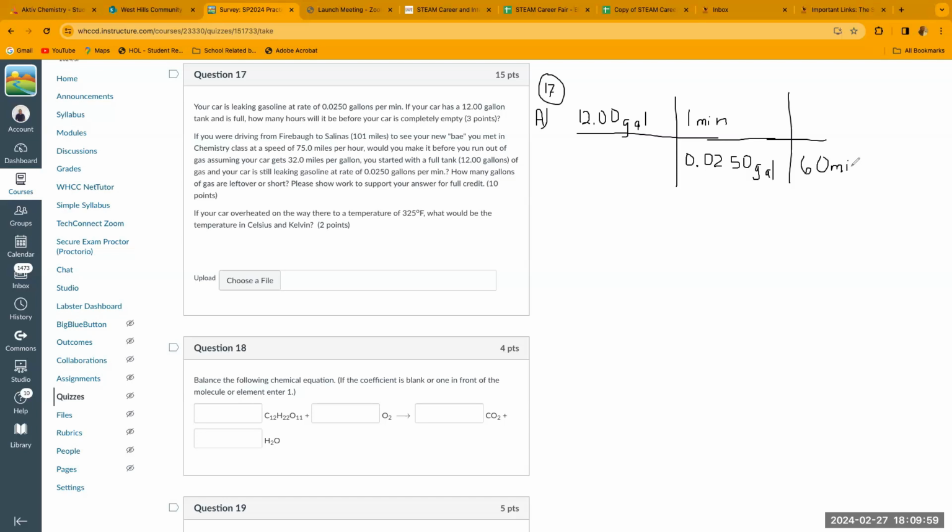And then I'm going to put hours on top since that's what I want. Then gallons cancels out, minutes cancels out, and I'm left with just units of hours. So let's go ahead and do that math.